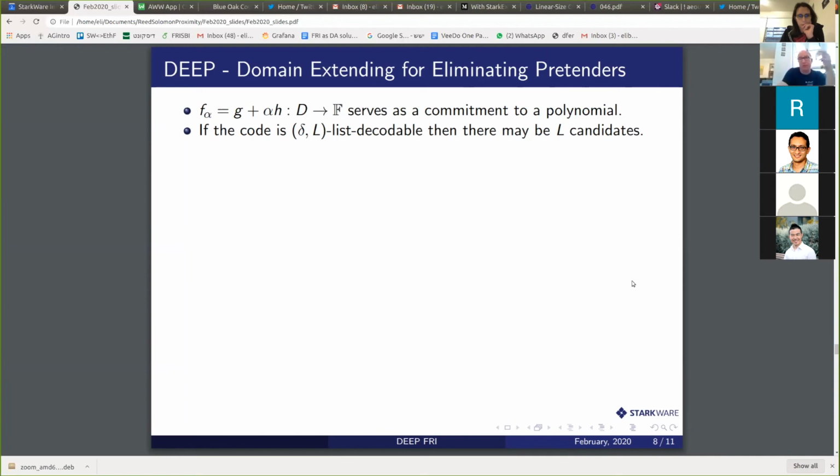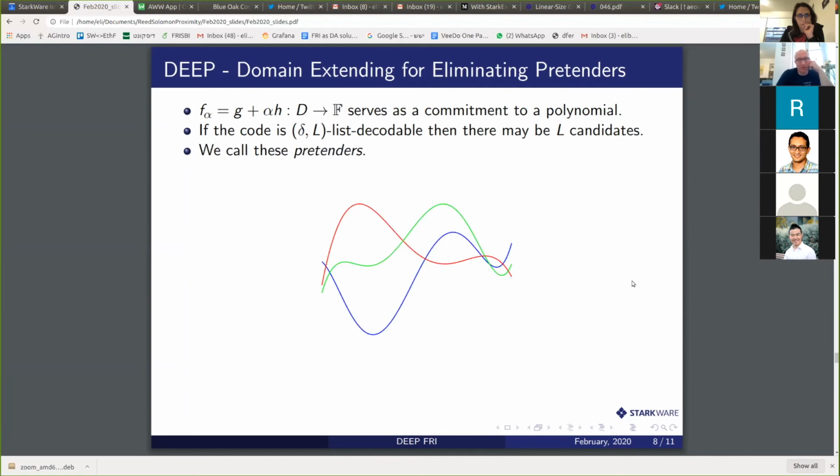So maybe the way I'm going to try and cheat and break soundness is by not committing to which of these polynomials I want to go with, because maybe I'll do that later on.